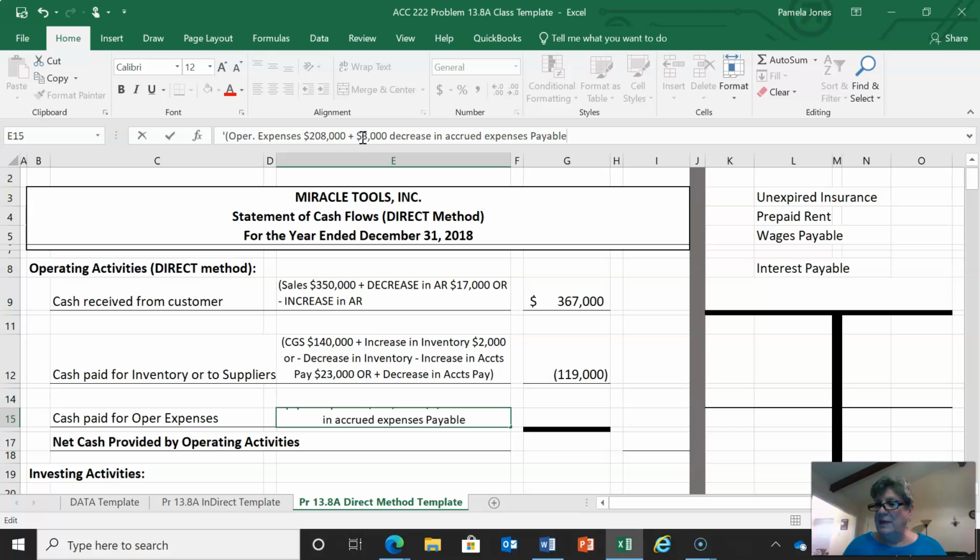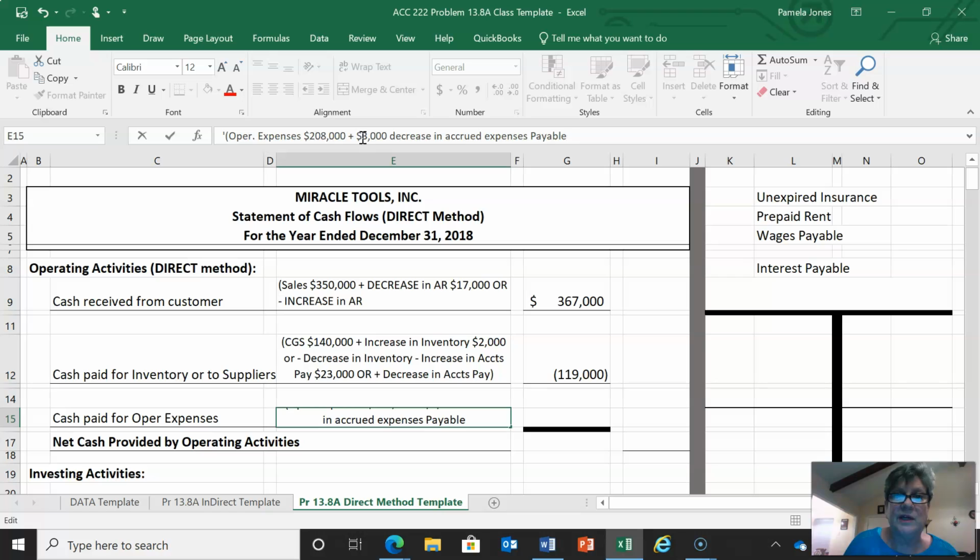Now, if this had been a prepaid, if the prepaid account decreases, that means we expensed more out of it than we prepaid during the period. So a decrease in a prepaid would be added to the operating expense.